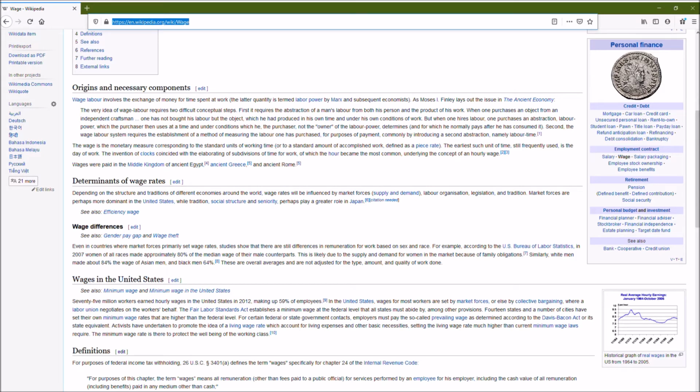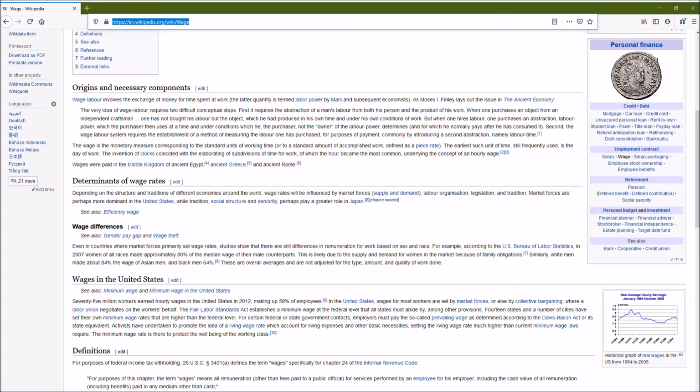Determinants of wage rates. Depending on the structure and conditions of different economies around the world, wage rates will be influenced by market forces, supply and demand, labor organization, legislation, and tradition.